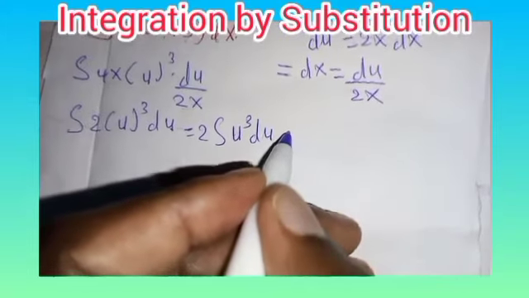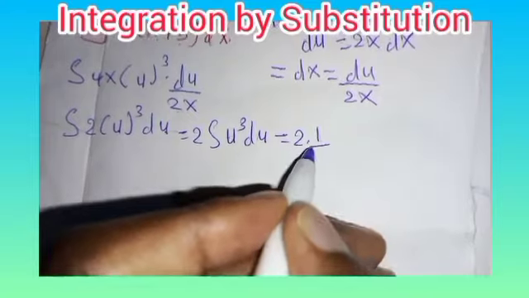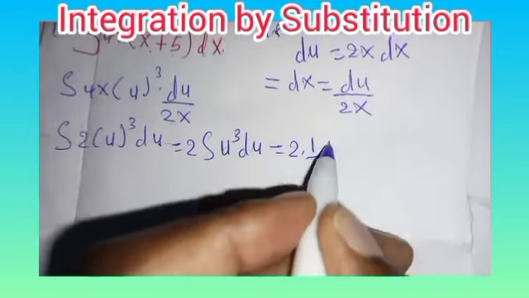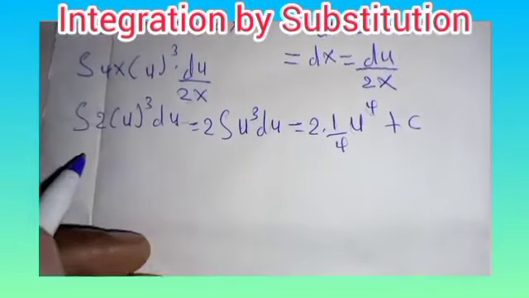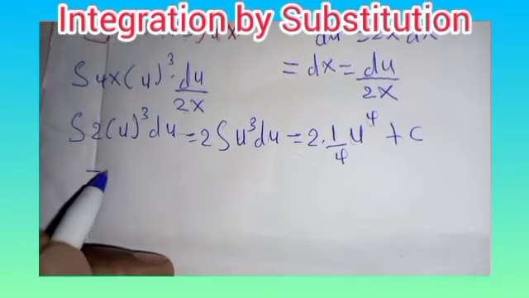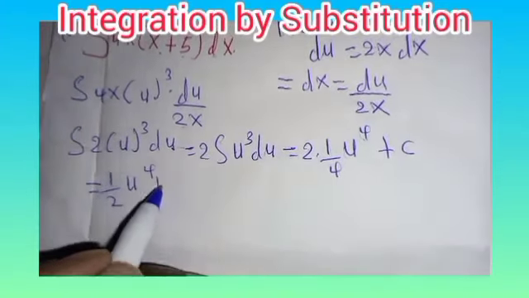You are going to integrate this by the power rule, whereby we will have 2 divided by 4 u power 4 plus c, which is equal to 1 over 2 u power 4 plus c.